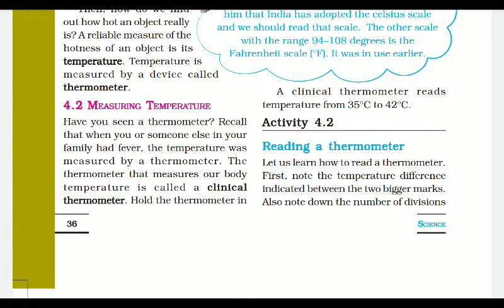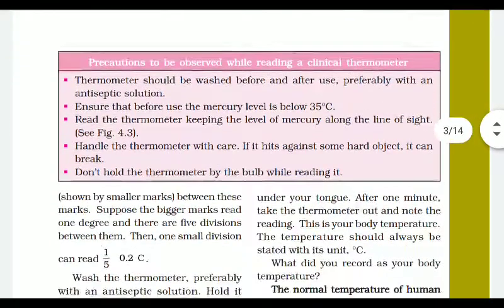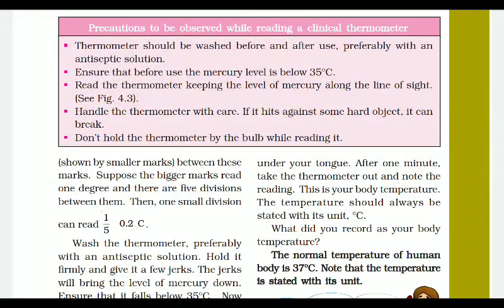Note the temperature difference indicated between the two bigger marks. Also note the number of divisions present between them. Suppose the bigger marks read 1 degree and there are 5 divisions between them, then one small division reads 1 upon 5, or 0.2 degrees Celsius.